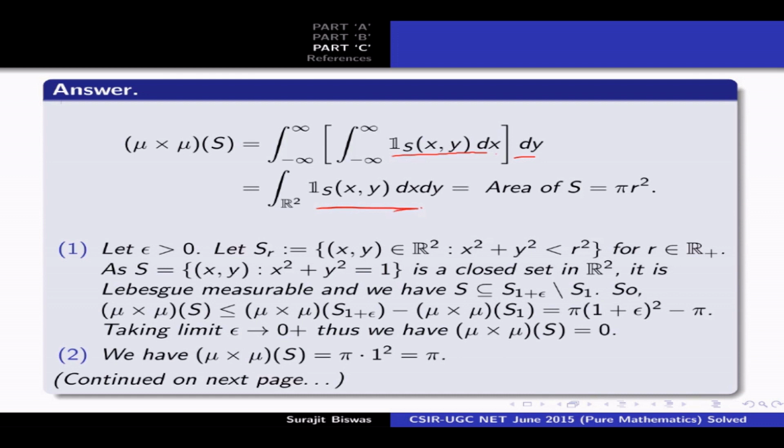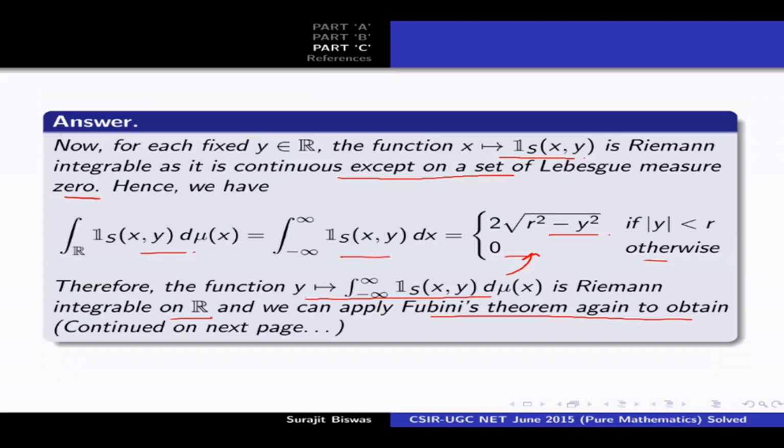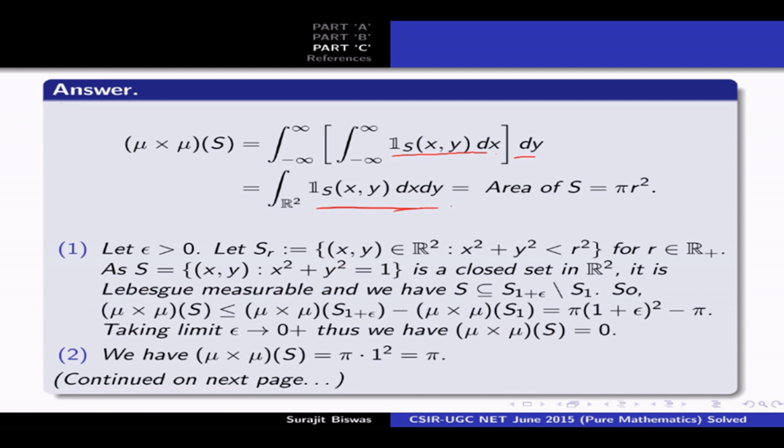And why did we do this? Because we started with this integration with respect to this measure mu, but when we say that this is Riemann integrable, the Lebesgue measure gets replaced by the usual measure on R. Similarly this function is also Riemann integrable, so again we can replace this Lebesgue measure mu by the usual measure on R, and thus we are converting everything to the usual dx dy, and so this quantity corresponds to the area of S. And what is the area of S?